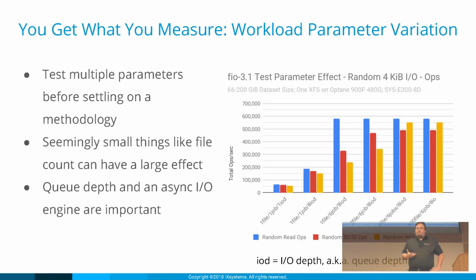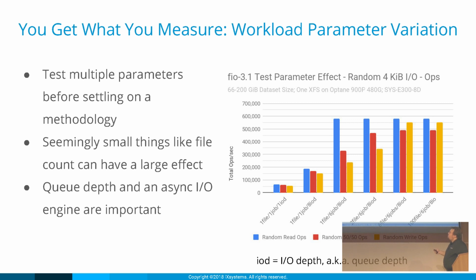So I did some testing with FIO against just a system that I had on my desk. I used an XFS file system on an Optane device. And I tried to keep the data set size fairly consistent. 66 to 200 gigs was as consistent as I could get. So if we look at what I tested here, I tested with one file for these tests.